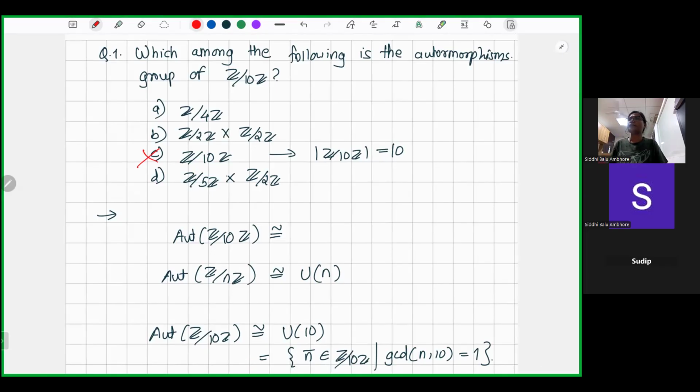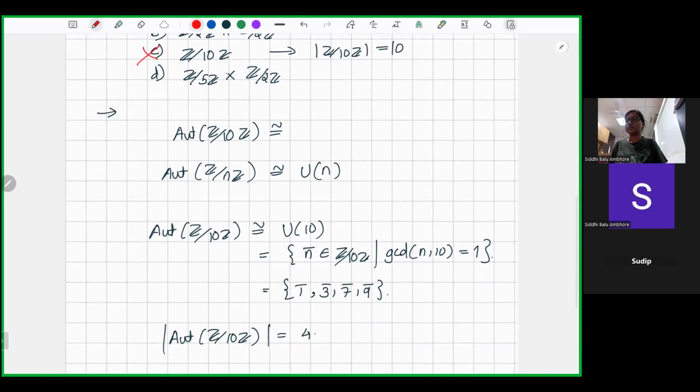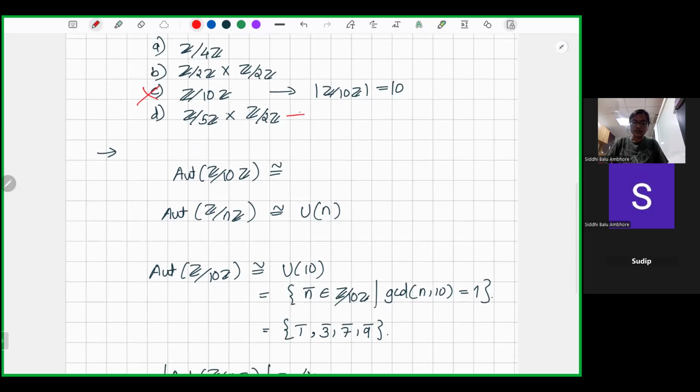Similarly, for Z2 cross Z5 cross Z2, the cardinality is also 10, so again this will not be isomorphic.